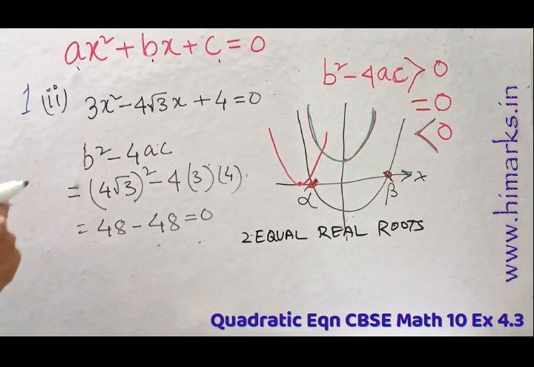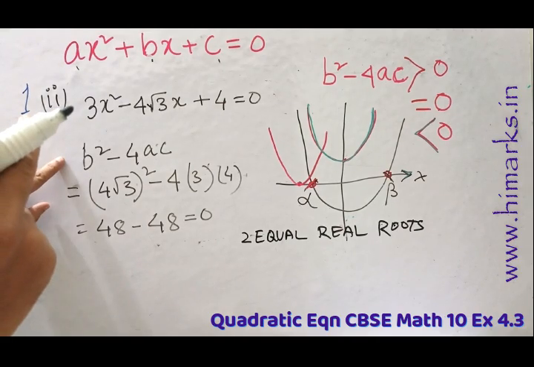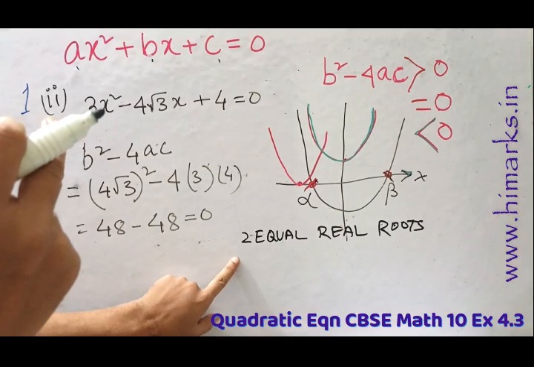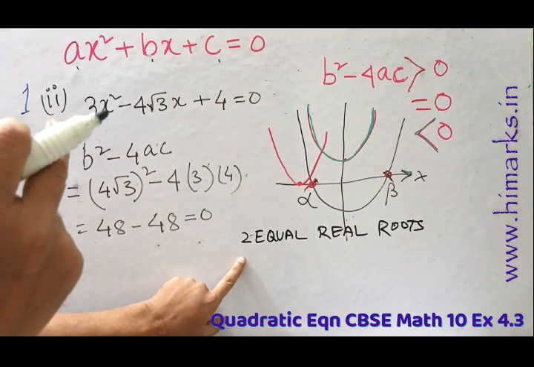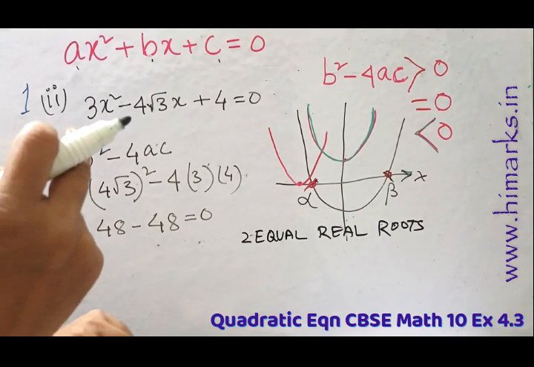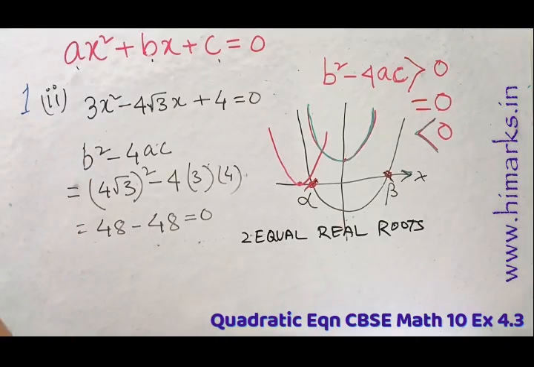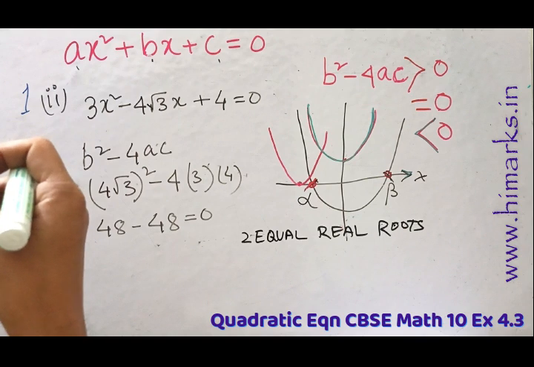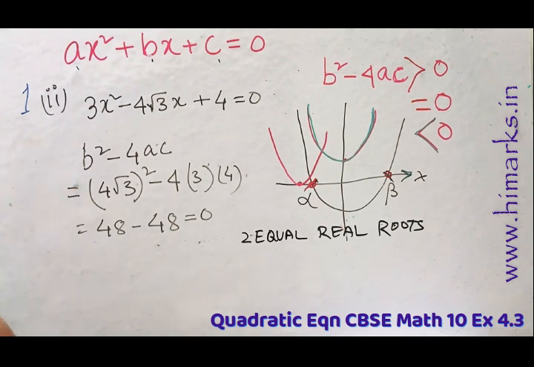So as we have seen here, the discriminant b square minus 4ac is 0, so we have two equal real roots. Now, as the question asks, if it is a real root you have to find the values. So from this equation, what is the formula for the value of x?